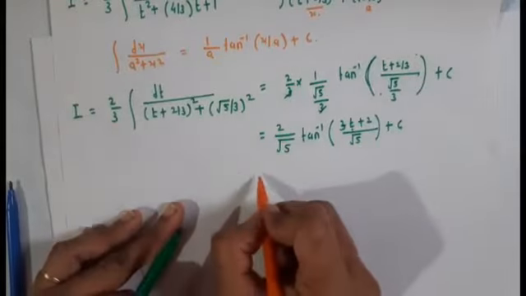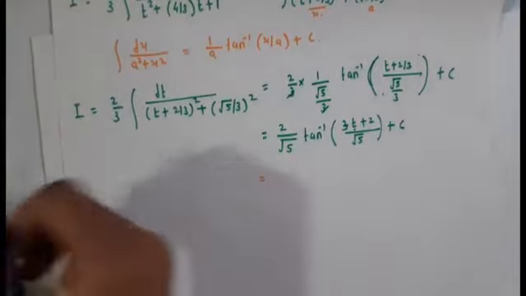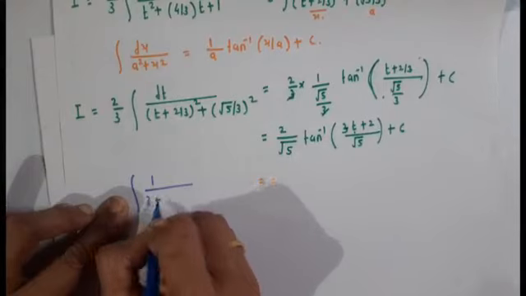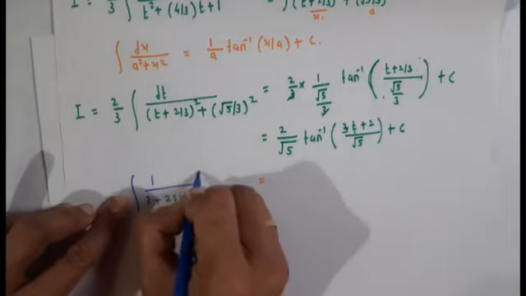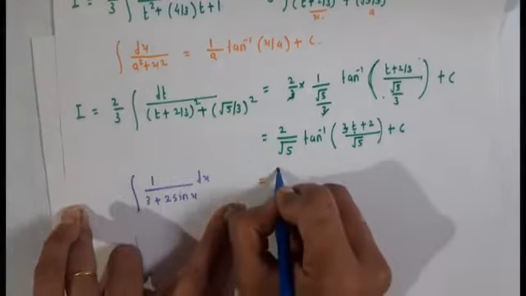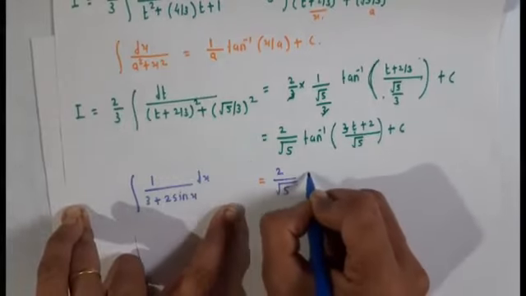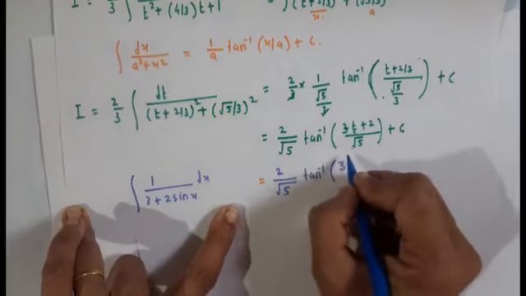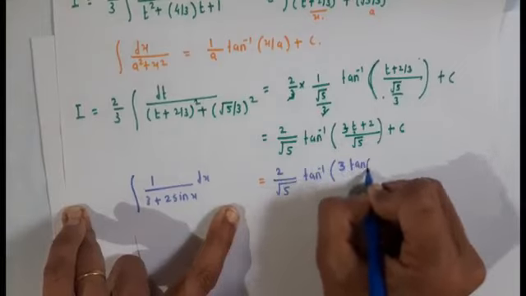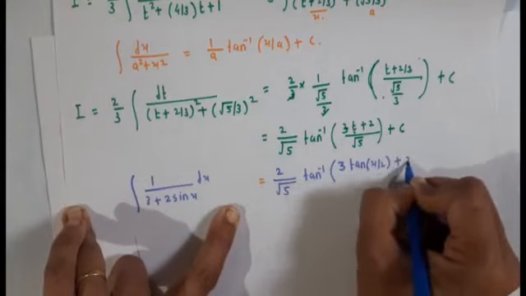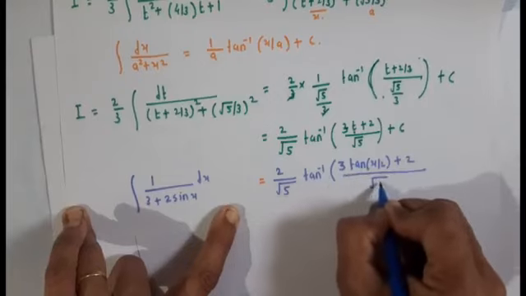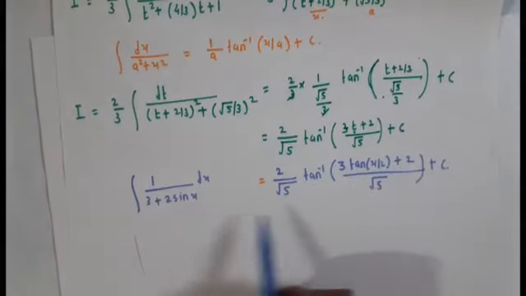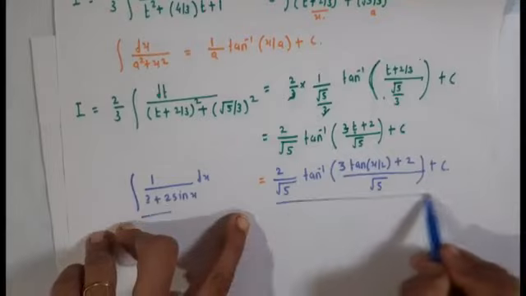Resubstitute the value of t, and therefore the integration of 1 upon 3 plus 2 sine x with respect to x is 2 upon root 5 tan inverse of (3 times t, where t is tan of x by 2, plus 2) upon root 5, plus constant of integration c. Hence this is the solution for the integral.